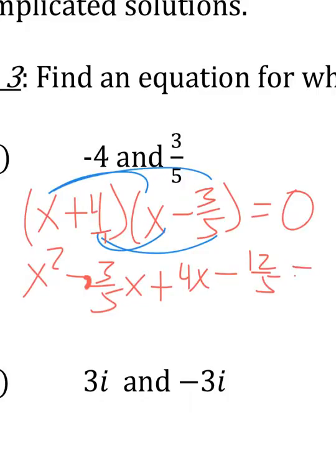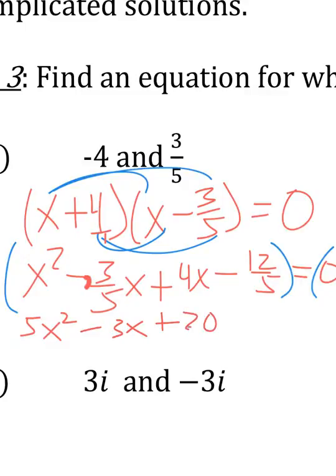And that equals 0. Now, if you don't like all of these 5s, what you can do is multiply both sides by 5. Multiply by the common denominator, distribute that out. That's going to give us 5x squared. And 5 times 3/5 is going to cancel out the 5. So that's going to be 3x. And 5 times 4 is 20x.